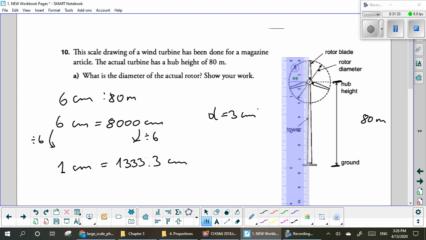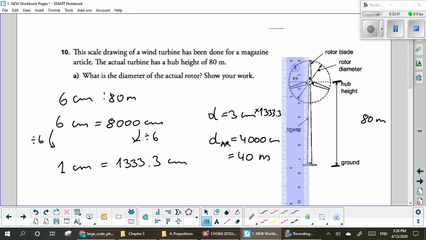I'm going to multiply that by 3 to get the diameter of the actual rotor, AR. It is 4,000 centimeters. If you're not sure how many meters, divide this by 100, which is 40 meters.